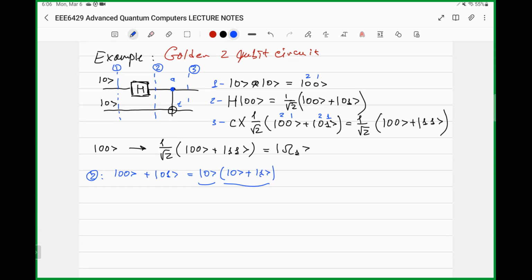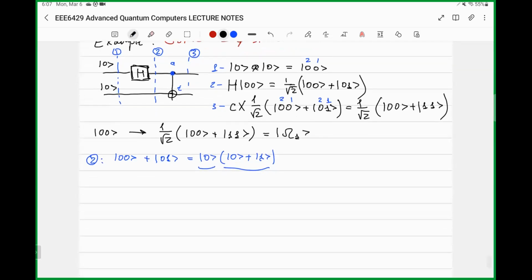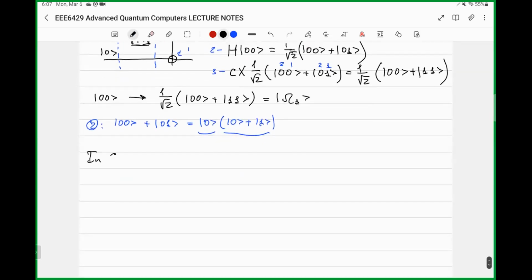In general, the input is a superposition of all possible states. Like in general, the input is something like alpha 0 0 plus beta 0 1 plus gamma 1 0 plus delta 1 1, right?